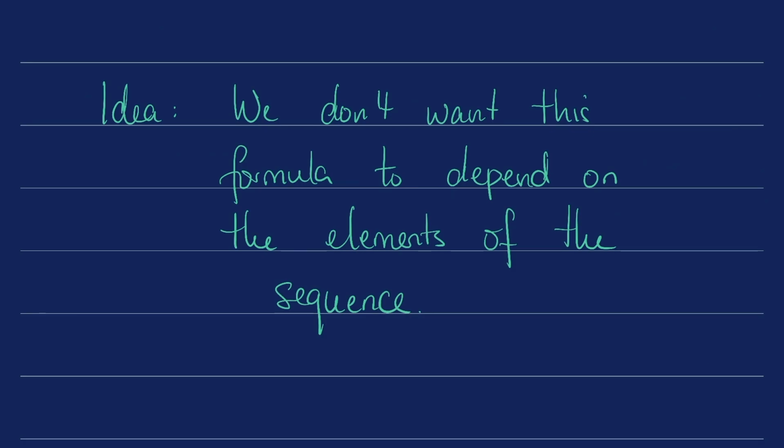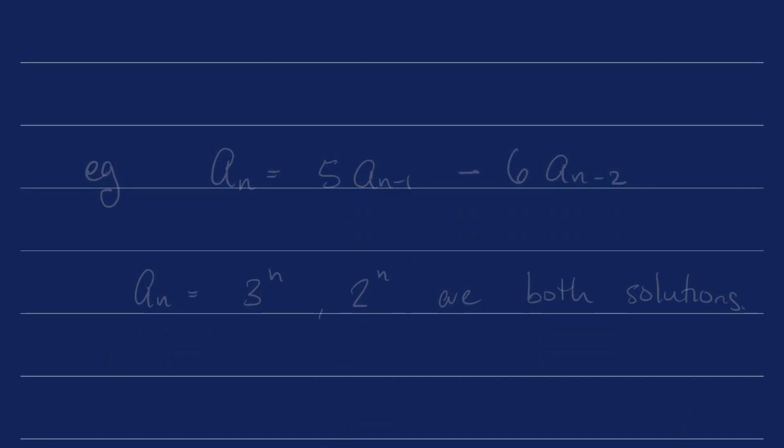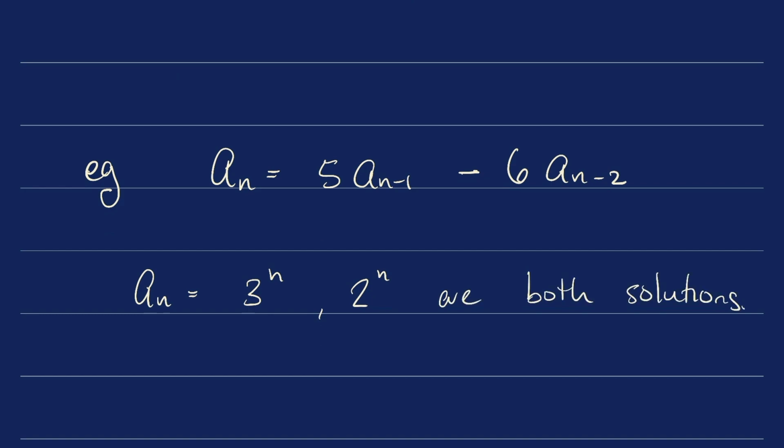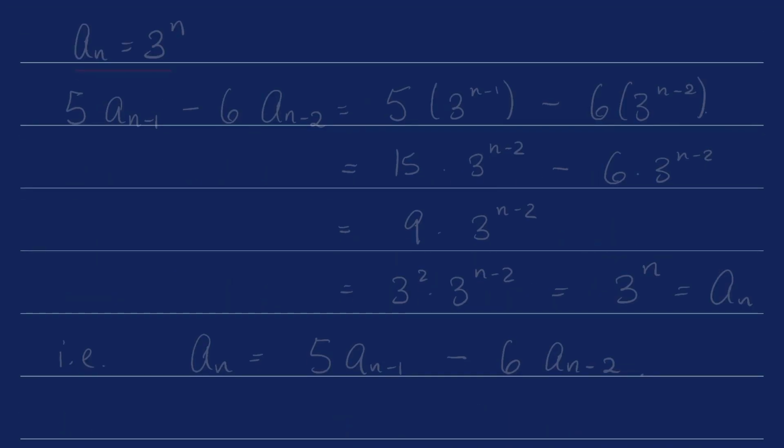Let's talk about what something like this might look like. Example. Let's discuss the recurrence relation a_n is equal to 5 times a_(n-1) minus 6 times a_(n-2). a_n is equal to 3^n or a_n is equal to 2^n are both solutions. What do I mean by this? Well, let's explore the idea that a_n could be equal to 3^n.